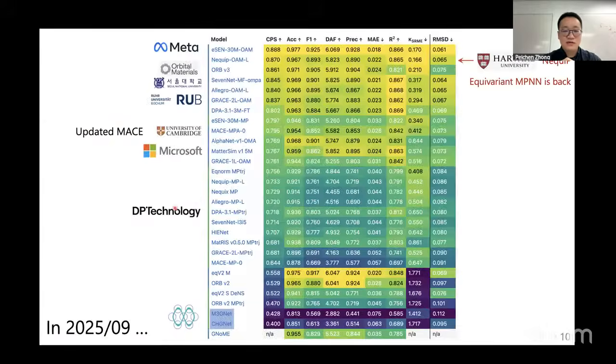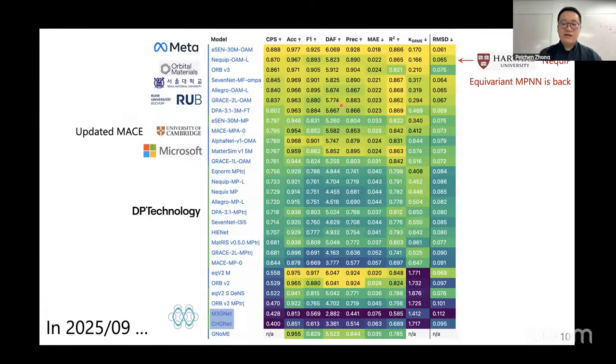But according to the leaderboard last month, CHGNet has become the worst machine learning model, because there are numerous developments in both dataset and model architectures. And you can see many big giant efforts have been put into this type of development.